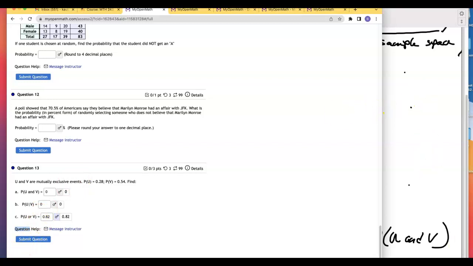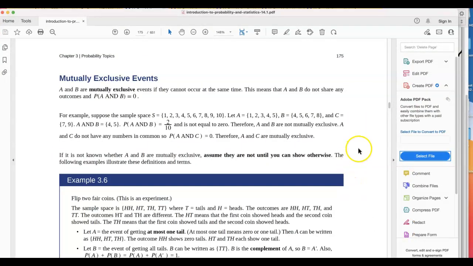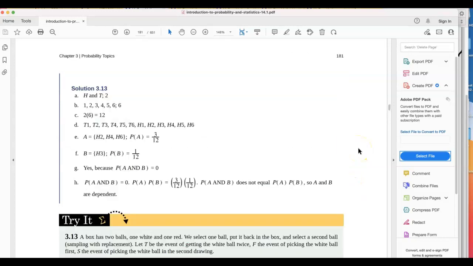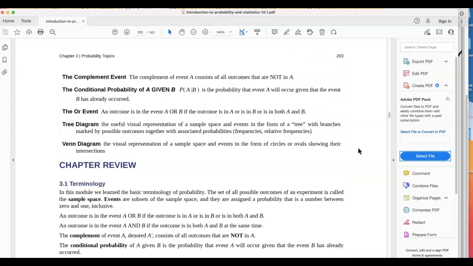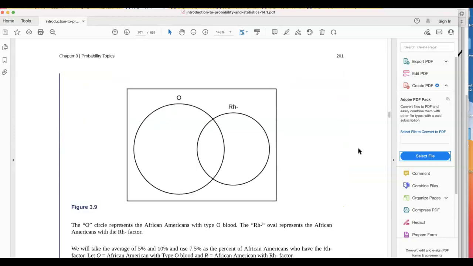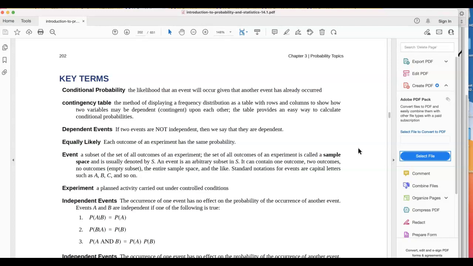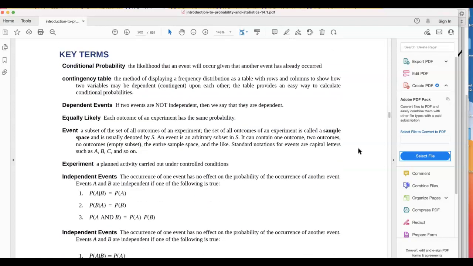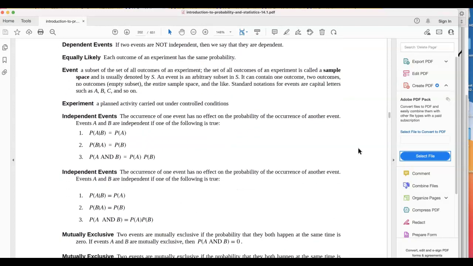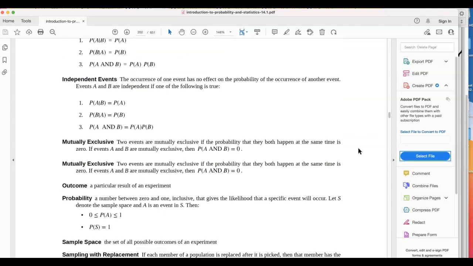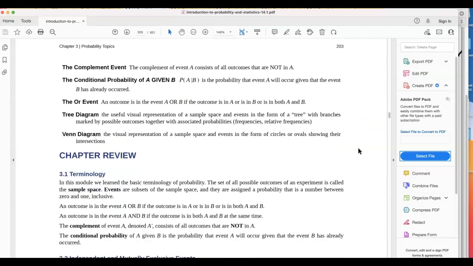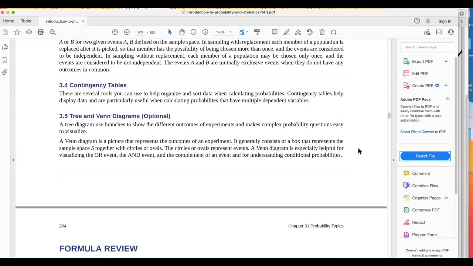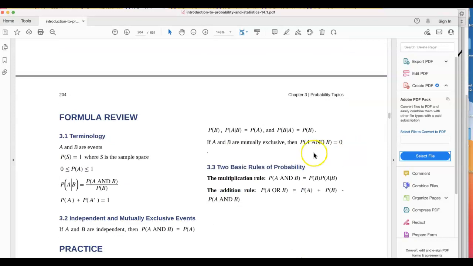Okay, so if you don't have these notes, then make sure that you go to the end of chapter 3 and review the key terms that we just talked about, right? Conditional probability, independent, dependent. It has the formulas right there. Mutually exclusive gives you formulas. Sample space talks about all of the things we just talked about, and it gives you formulas here, right? Here's the conditional probability.